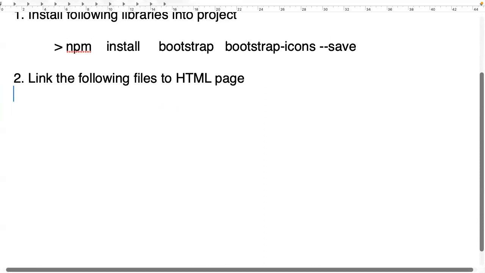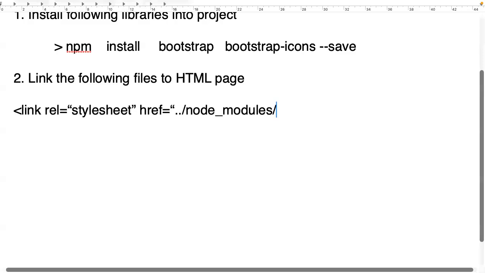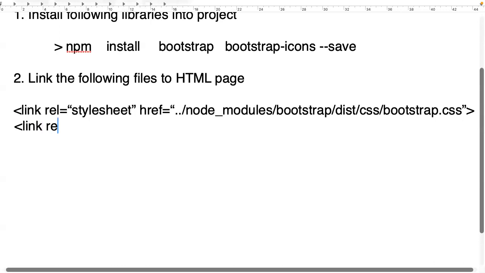What are the files you need is link relation style sheet because you need CSS files. Href will come from node modules. So in that Bootstrap dist CSS bootstrap.css. That is one. Another link relation style sheet. Href, it is node modules.